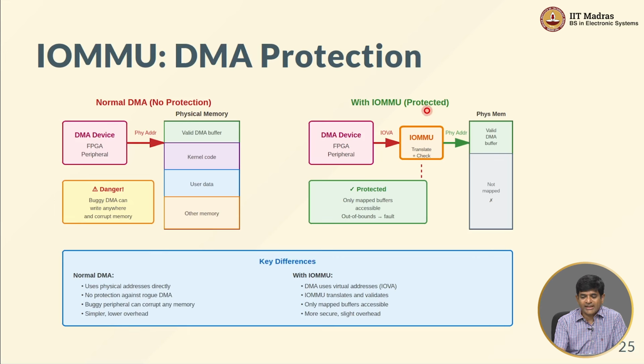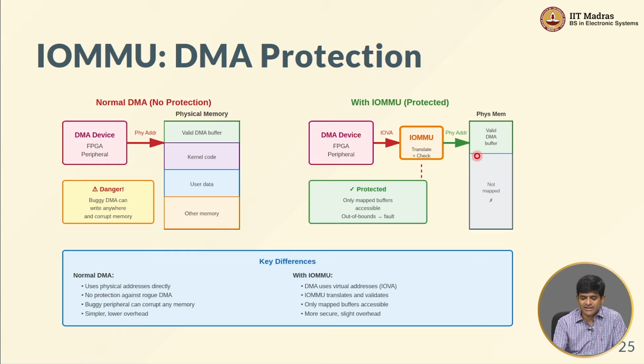What this does is it allows you to bring protection into the picture, meaning that the DMA device provides an IO virtual address, it tries to access a particular location. The first thing the IOMMU does is check after translation, is this a physical address that the DMA is allowed to access? If it is, it permits it.